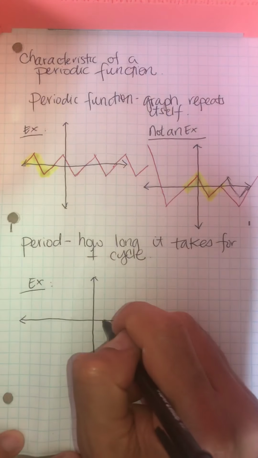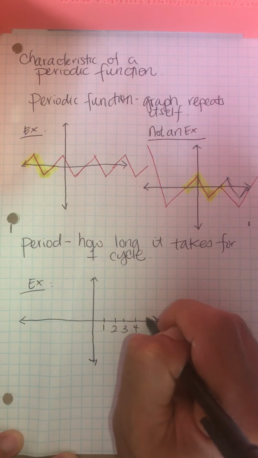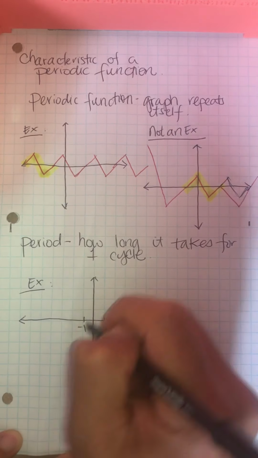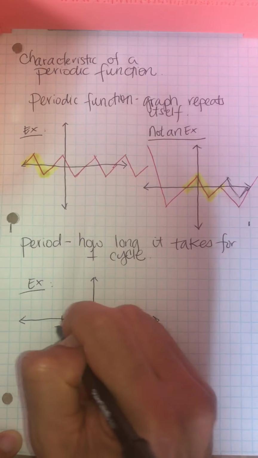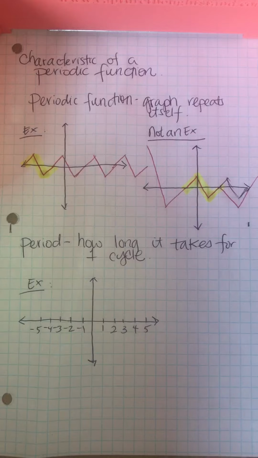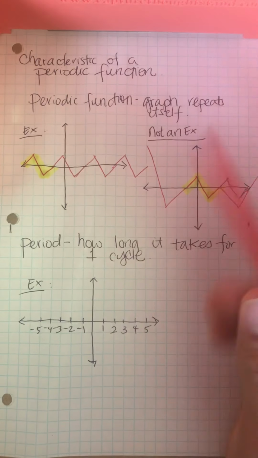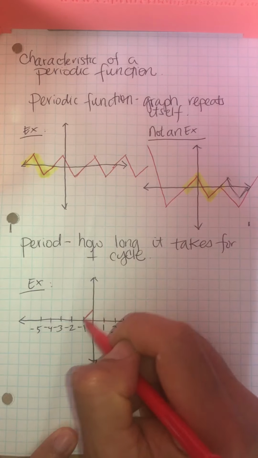Let's call this 1, 2, 3, 4, 5, -1, -2, -3, -4, -5. Okay. And let's start off with this exact same pattern here. Right? Our periodic function.